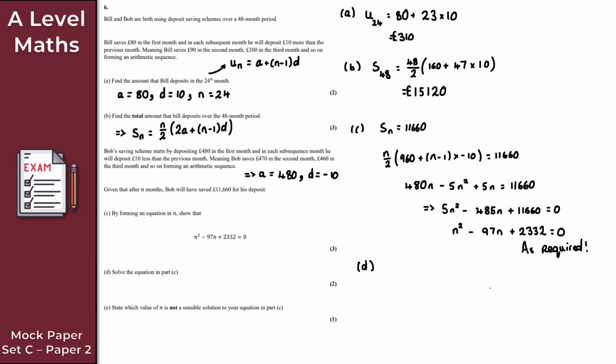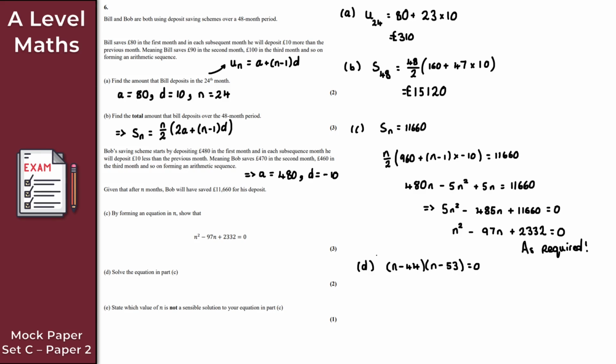So solving this quadratic equation here, nice and straightforward, right? Just simply put this into your calculator. We don't need to make this complicated or anything like that. And what you'll find then is this actually factorizes here. So what I get then is n minus 44 times n minus 53, and this here is equal to 0.